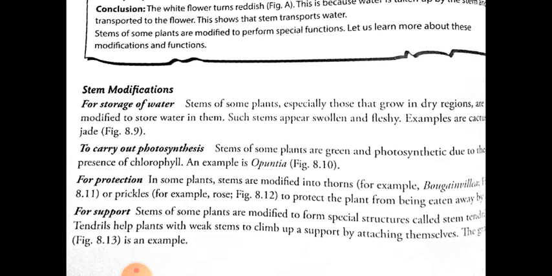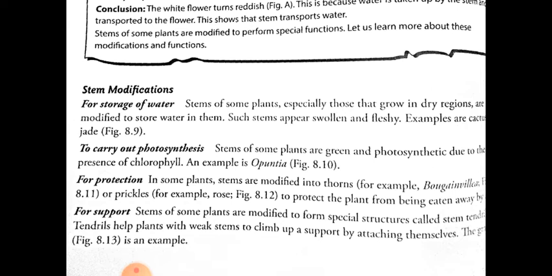For support, the stems of some plants are modified to form a special structure called stem tendrils. In some plants, stems are modified in such a way that their structure helps to provide support. These structures are called stem tendrils.